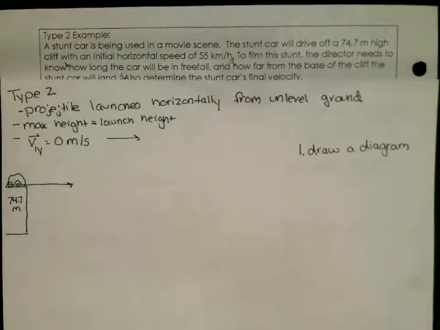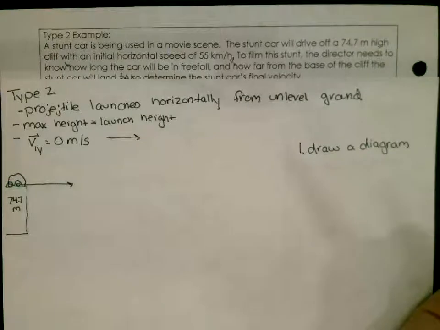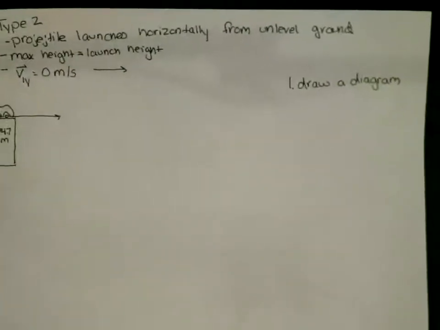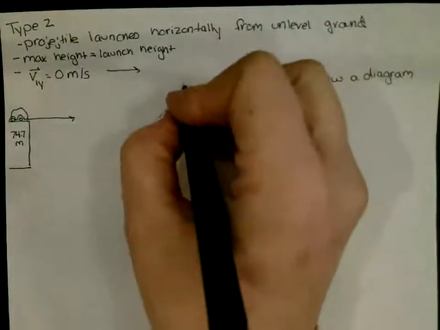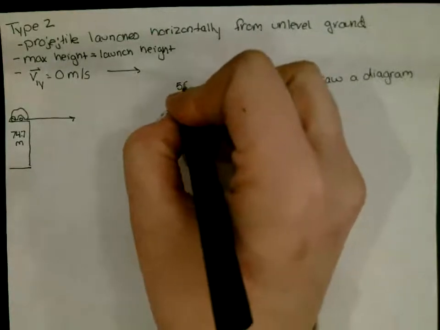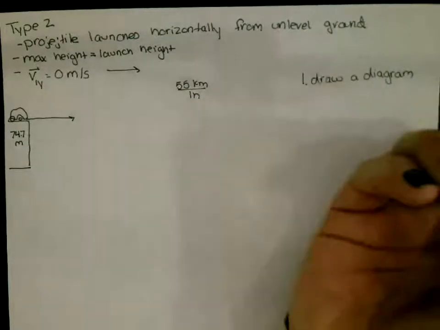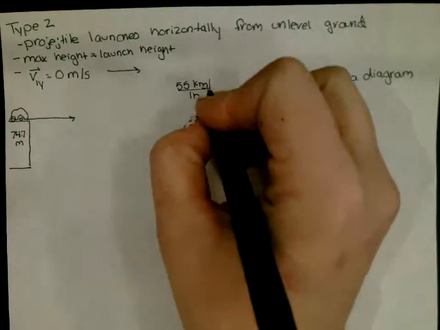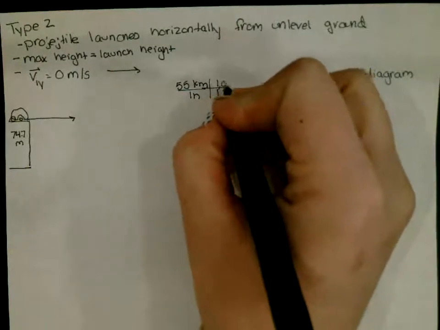That's not going to do us much good because it's in kilometers per hour and our height is in meters. And we usually work in meters per second. So let's go ahead and convert that. I'm going to move this really quick so I have some more room to write and for you to see. Off here to the side, I'm just going to say it's going 55 kilometers in 1 hour. In 1 kilometer, I have 1,000 meters.